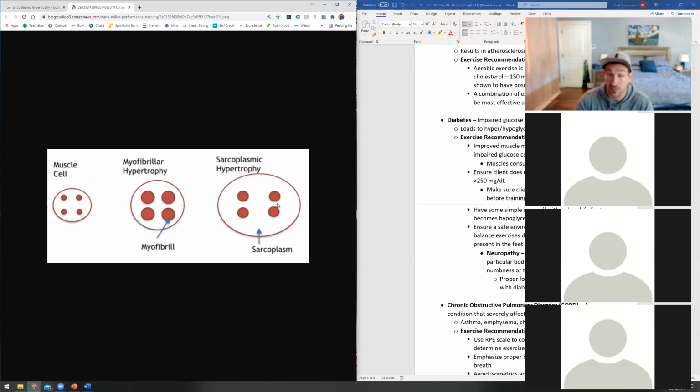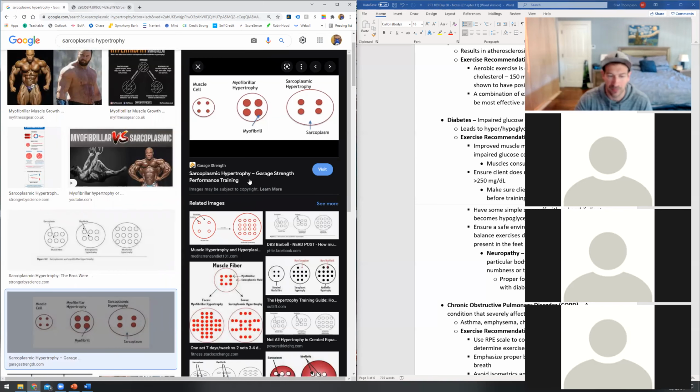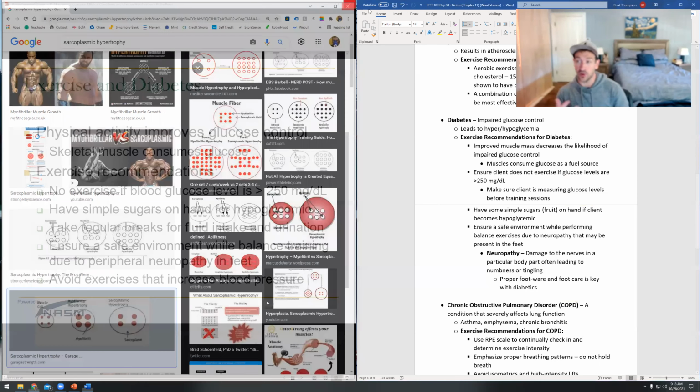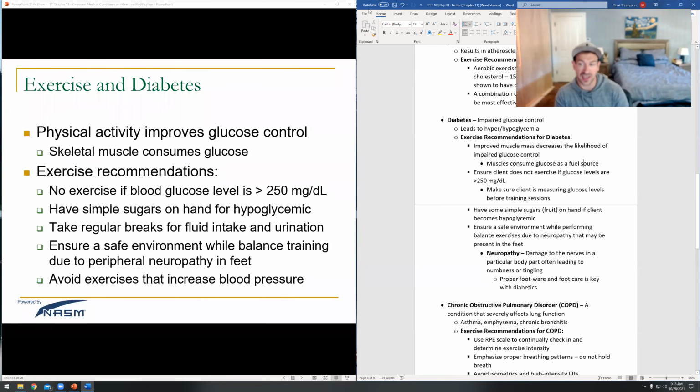Big muscle cells mean that we've got all this space to produce ATP in the cytoplasm, right? And so that's great. That's exactly what we're looking for, compared to a smaller muscle over here. And if we can also make those rods really big, like in this version, that would also be really beneficial. But that is why increasing muscle mass, when you focus on building more muscle in your client, can have really positive impacts on their diabetes.